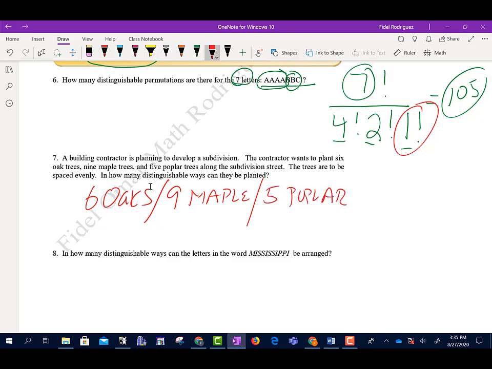The trees are to be spaced evenly, and how many distinguishable ways can they be planted? Okay, so first thing we're going to do, 6, 9, and 5. So 6 and 9 is 15, and another 5 is 20. So it's going to be 20 factorial divided by 6 factorial, 9 factorial, 5 factorial.